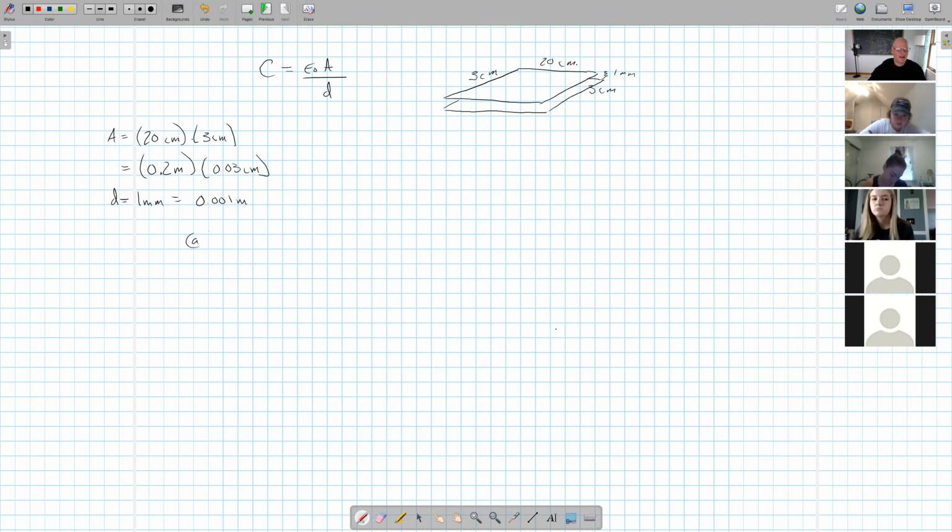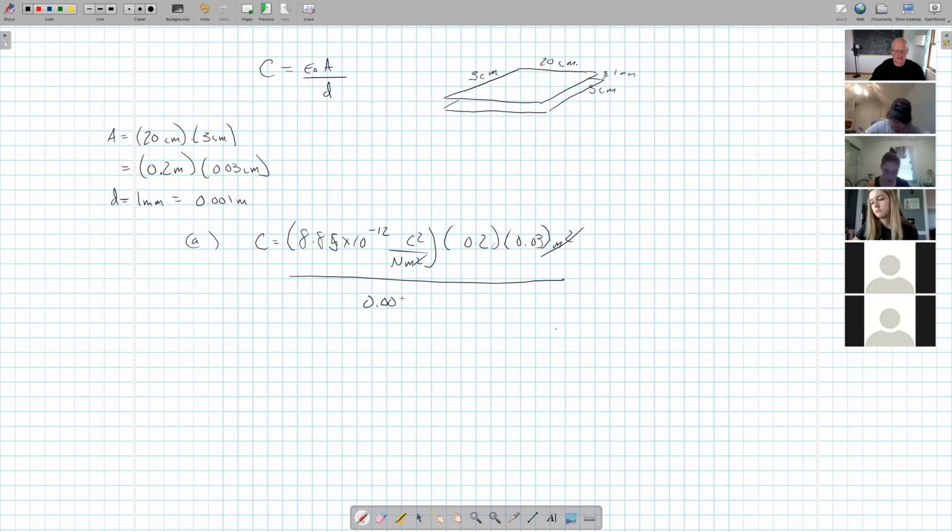So for part A, we now know the capacitance is equal to epsilon naught, which is 8.85 times 10 to the minus 12, with units of coulomb squared per newton meter squared, times the area, which is 0.2 times 0.03 meters squared. So it's going to cancel a meter squared. All divided by the distance, which is 0.001 meters.